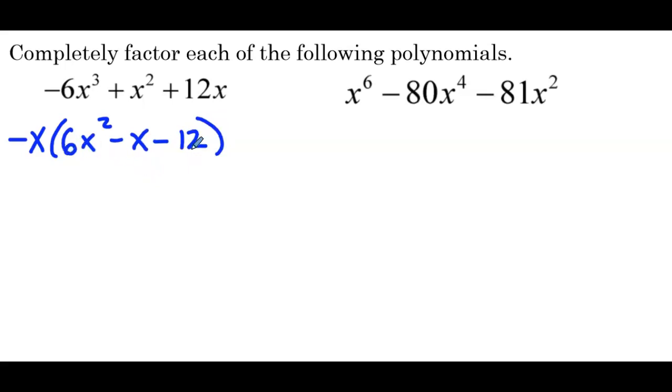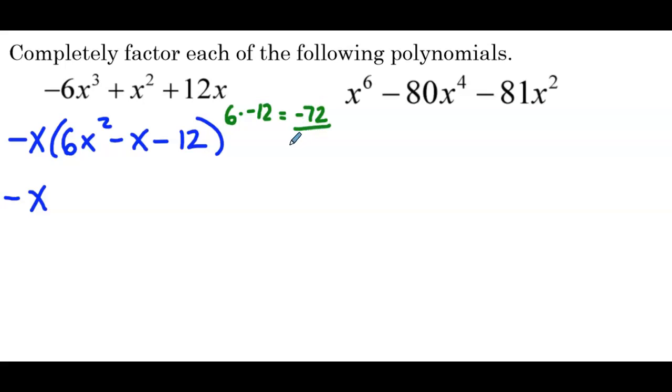Okay, so the leading term and the constant are both not prime. So let's use our grouping technique. So 6 times negative 12 is negative 72. So we need factors of negative 72 that add to negative 1. Okay, so the first factors that come to mind that are really close for 72 are 9 and 8.